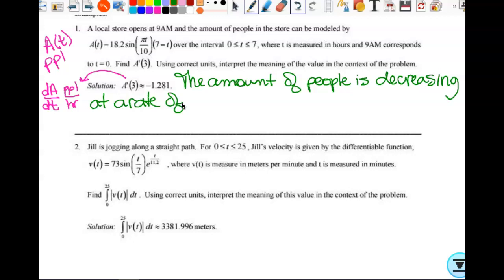Okay, so if it's decreasing at this rate, do I use the negative? No, because I said decreasing. Good. So the amount of people is decreasing at a rate of 1.281 what? People per hour. That's why we figured that out. People per hour.